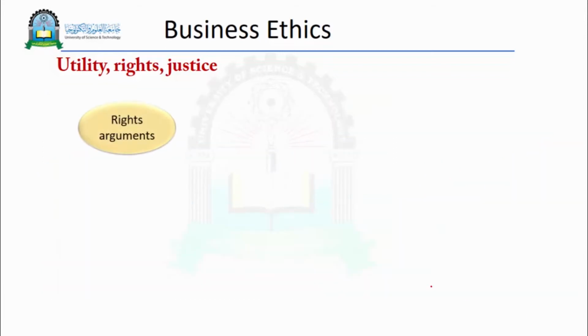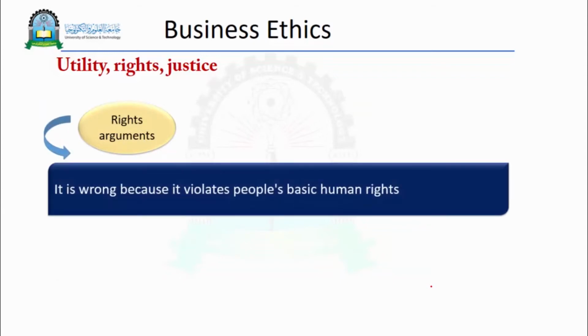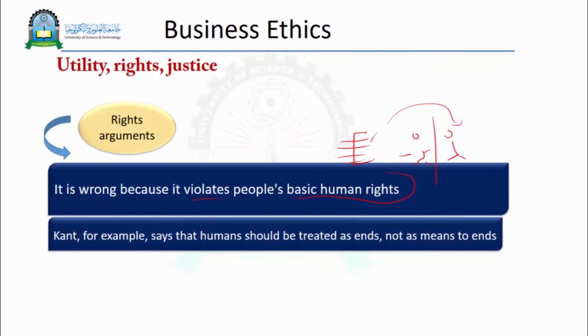Now regarding the rights arguments, which is the second principle of ethics, discrimination is considered to be wrong because it violates people's basic human rights. Every single individual must be treated alike, the same way that others are treated, considering the features and requirements set by the company itself. So Kant, for example, says that humans should be treated as ends, not as means to ends.